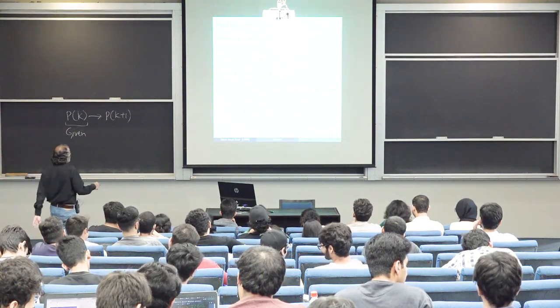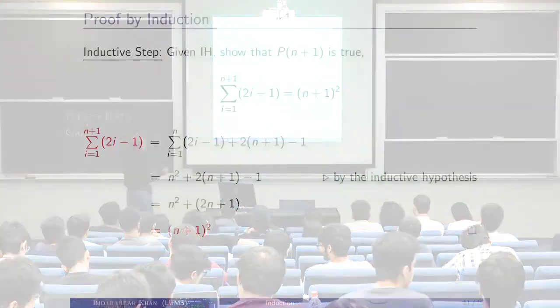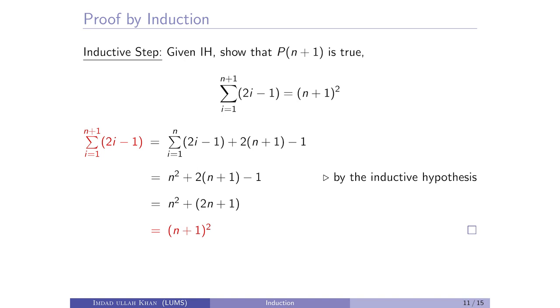So we do the same thing which we have just done for the previous proof. We separate the last term. So this loop is running from 1 to n plus 1. So we separate the first n terms. Why are we separating them? Because we know their answer. And we keep this last term separate. So the last term has to be 2i minus 1, so there is 2 into n plus 1 minus 1.